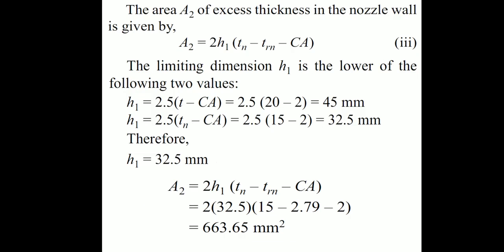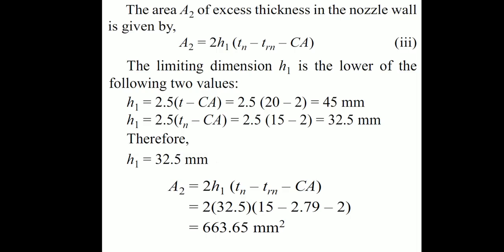Area 2, that is A2, is calculated as A2 equal to 2H1 into bracket Tn minus Trn minus Ca, and H1 is equal to 2.5 into (T minus Ca), which comes to be 45 mm.